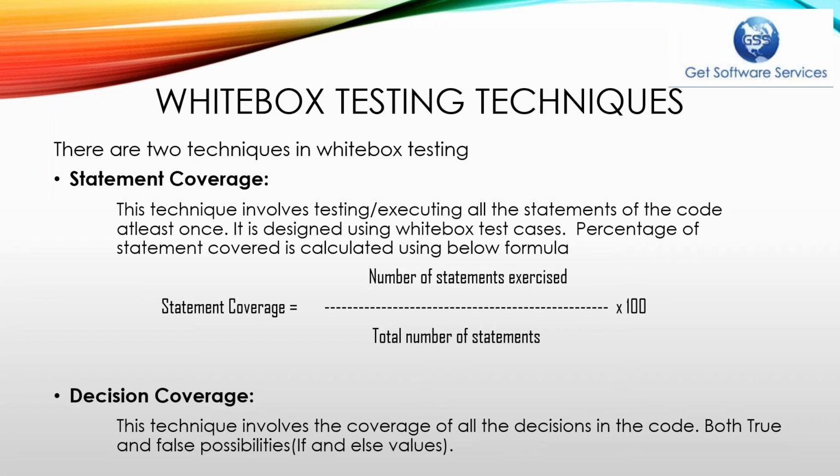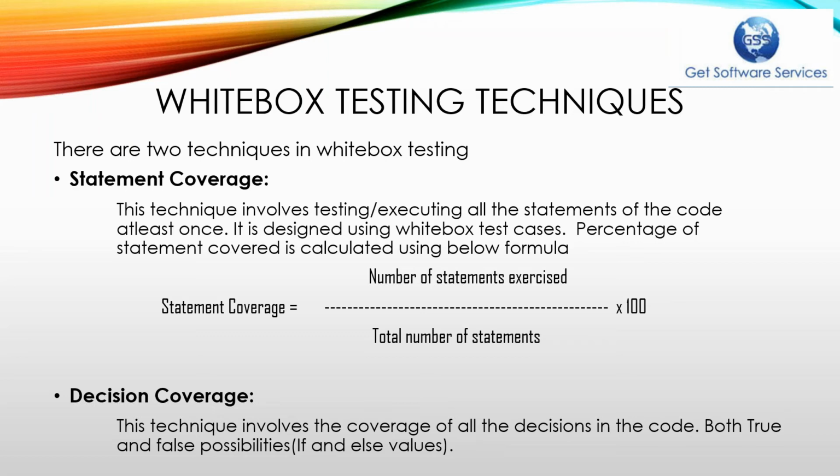Now, since white box testing involves testing the code, in statement coverage, we write test cases in such a way that they cover all the lines of code that is written. You need to write test cases which can test all the lines of code. That is statement coverage. Now, how many test cases are required to achieve 100% coverage?